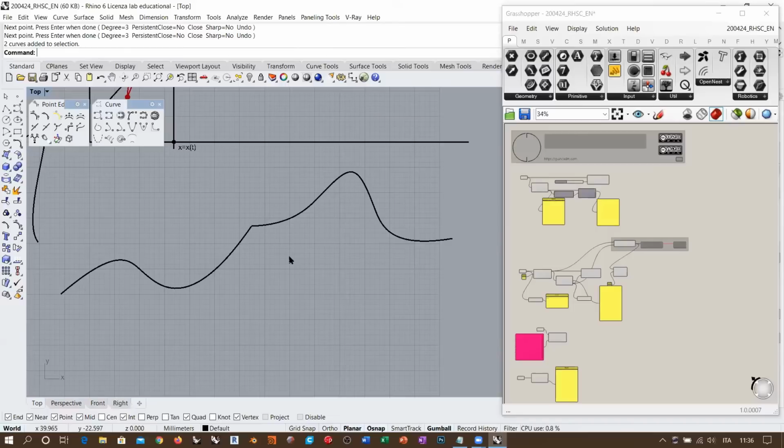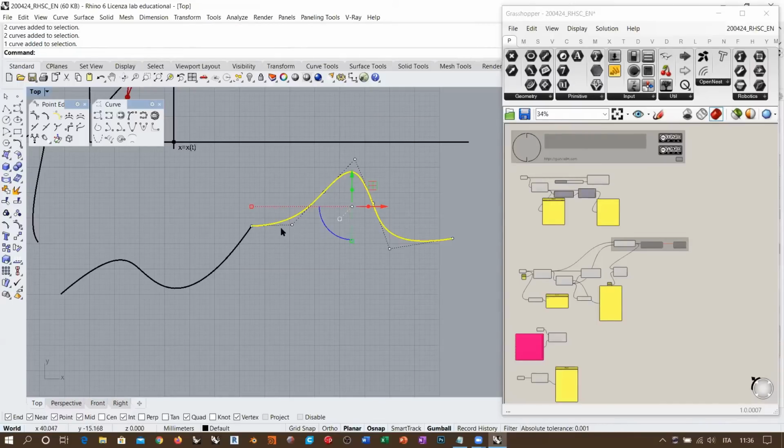So one thing is talking about continuity, and one thing is talking about smoothness. We don't want just continuity in Rhino. We also want smoothness. So this is continuity already, but it is not a smooth continuity. What we can do with direct control point modeling is placing the second control point here along a precise direction, in order to avoid the presence of a visible vertex.